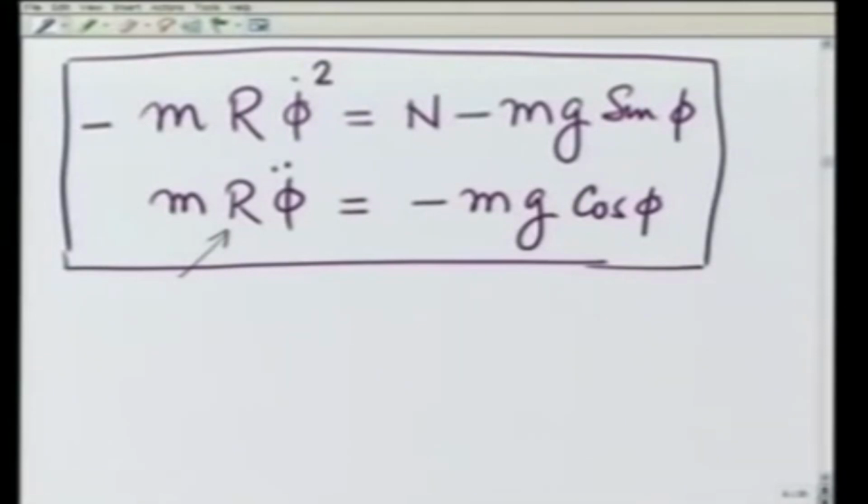To solve this, I first solve the second equation, and I use a trick for this, because you see I cannot really integrate with respect to time.